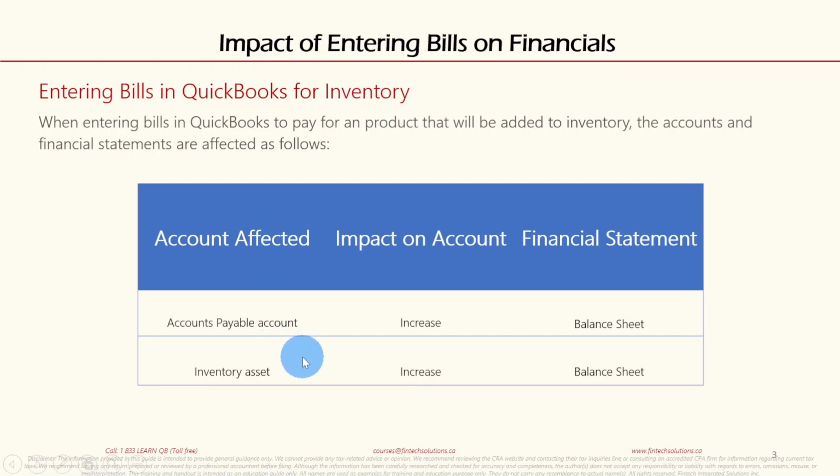Especially for the inventory, it is a little bit tricky, because if you understand the concept of COGS, cost of goods sold, and when there's a purchase of inventory, then this will make complete sense that yes, the inventory goes up, and that's the reason it will hit the balance sheet side.